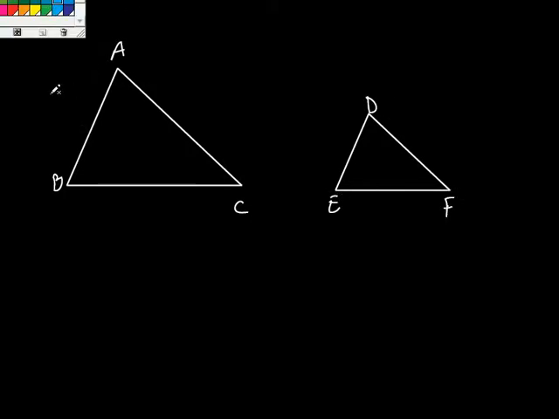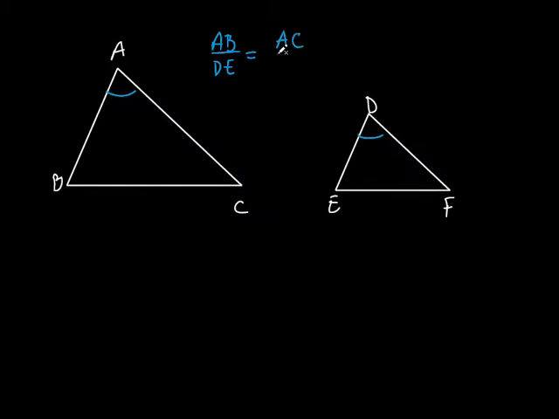What if I only knew that angle A was equal to angle D, but I did know this: if I compared AB to DE, that equaled AC to DF. What if I knew that? This information in blue right there. So AB to DE and AC to DF, and I knew the angle in between. The angle in between, that's important, isn't it?